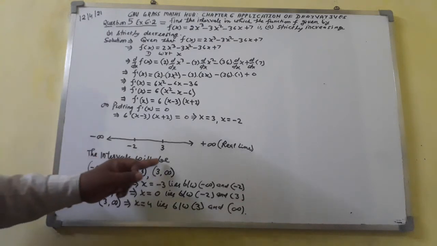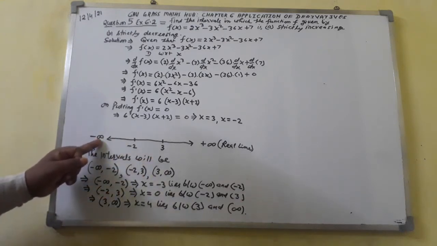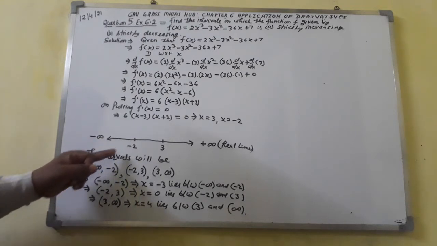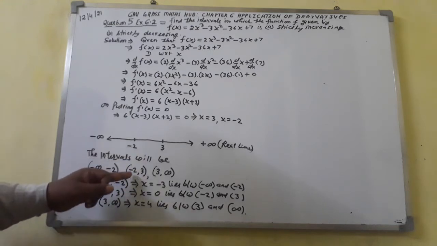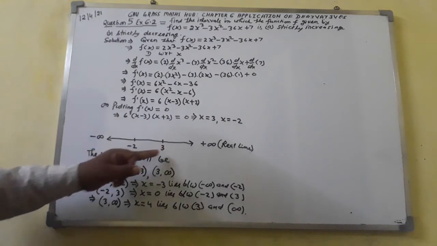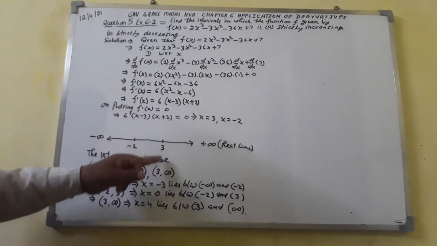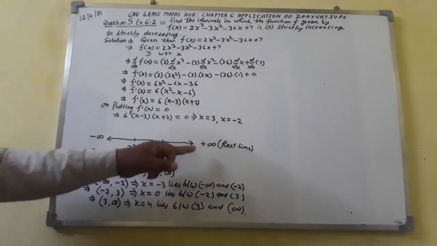The intervals will be counted from this place: open interval minus infinite comma minus 2 open interval, open interval minus 2 comma 3 open interval, and open interval 3 comma infinite open interval.